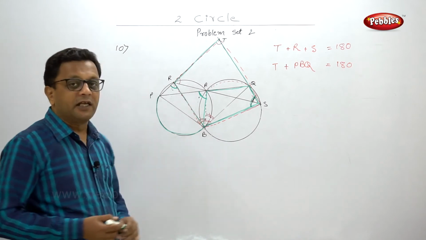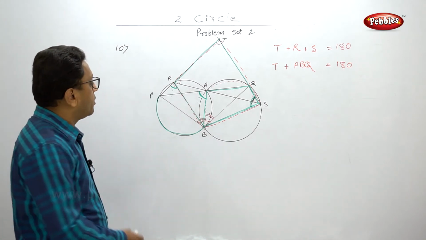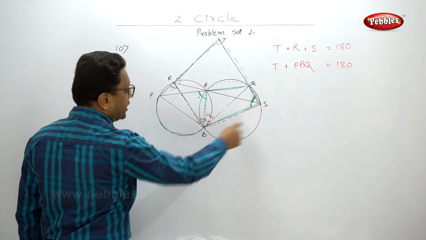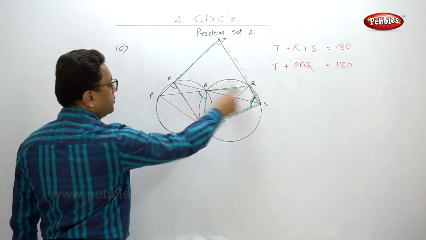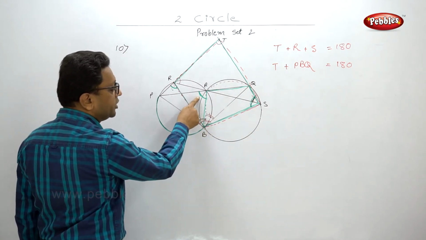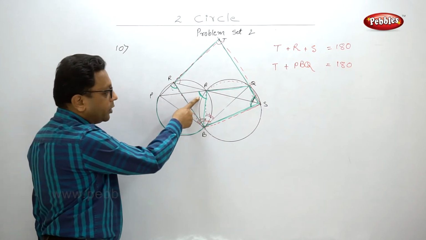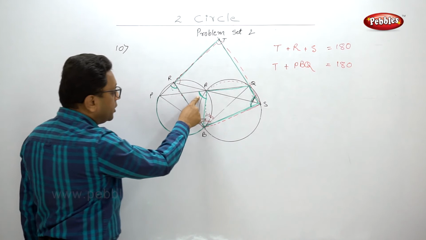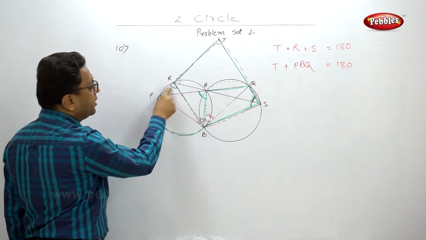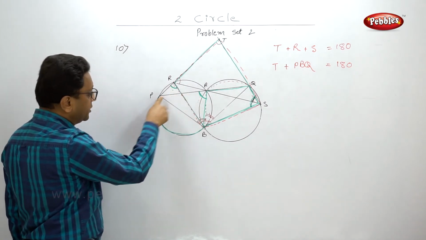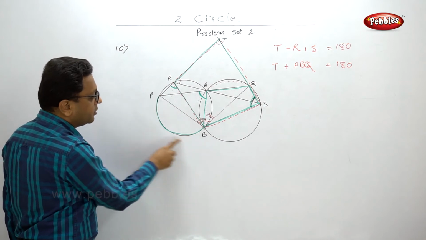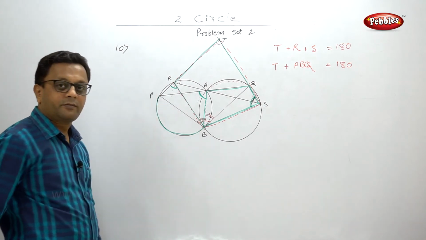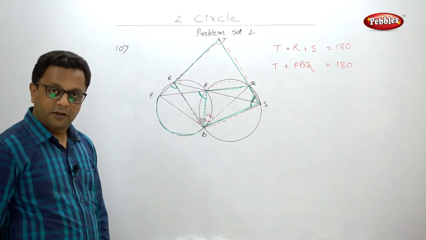In this case I will explain again. In this quadrilateral of this bigger circle, this is the exterior angle, which is equal to the remote interior angle. Now this angle and this angle are equal because both the angles are in the same arc. This is the arc, correct?